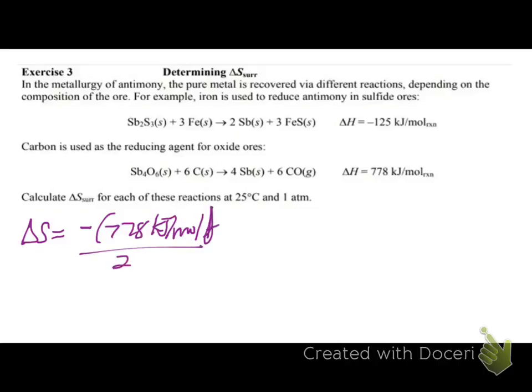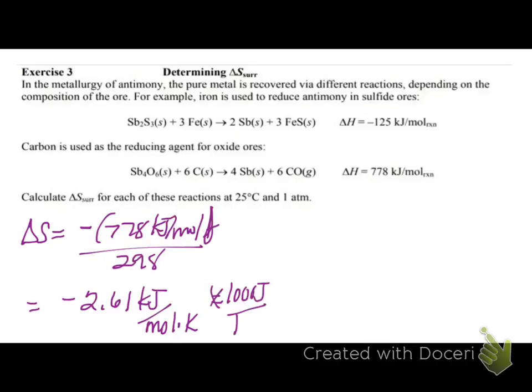Divided by 298 gives me a negative 2.61 kilojoules per mole K. Guess what? I know how to do that in my head. So negative 2610 joules per mole K. So disorder decreased.